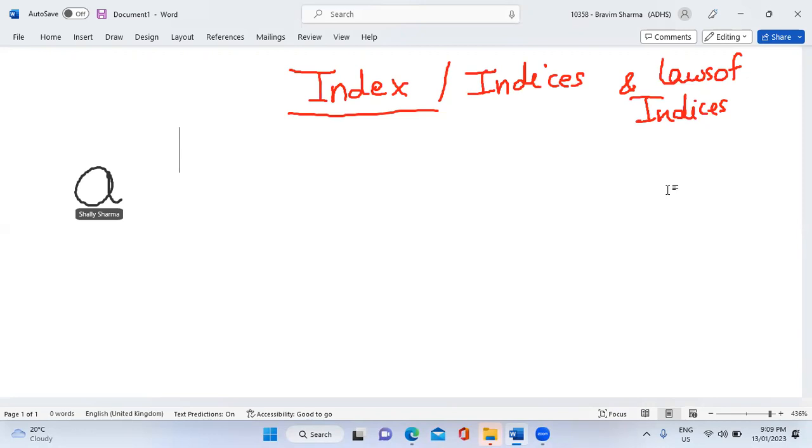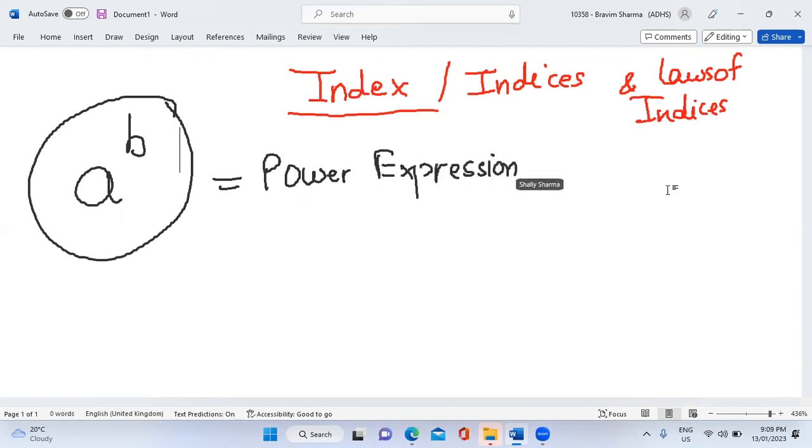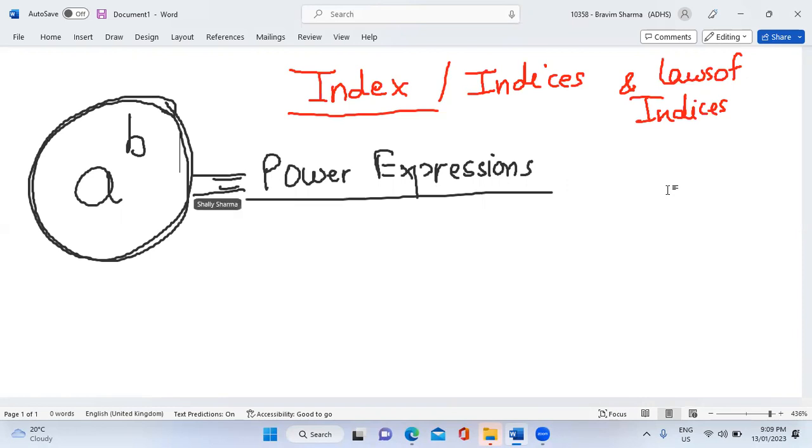This is a raised to the power b. This whole thing altogether is known as a power expression. When we talk about indices, we use power expressions a lot. In this power expression, I can see two letters.